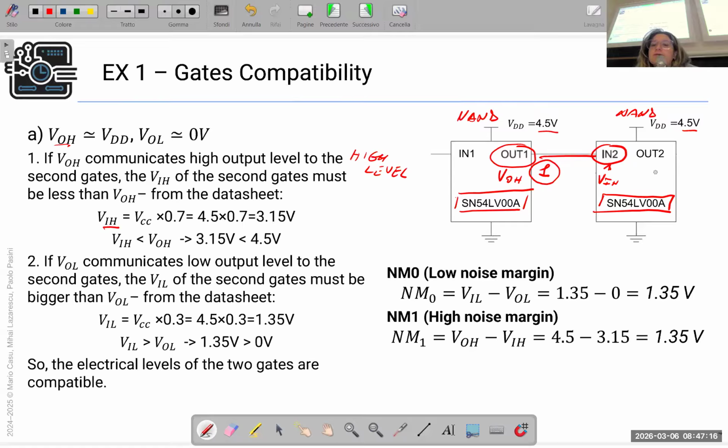Let's assume that, for example, to one of the n inputs of the gates there is one gate, and on the other inputs there are other gates, or assume that the other inputs are always linked with the same gates, and so this criterion must always be seen. This is the general rule, the general mindset to use if you have to understand the compatibility of two gates.